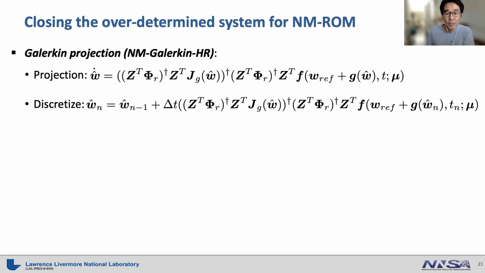The first one is the Galerkin projection, where you first apply the projection and obtain the reduced ODE, and then apply the time integrator to fully discretize the reduced nonlinear system of equations.